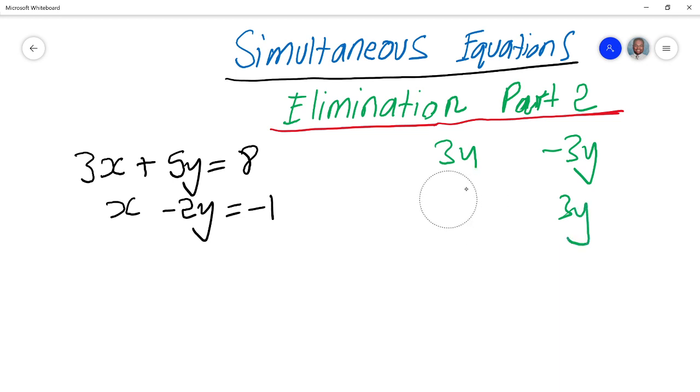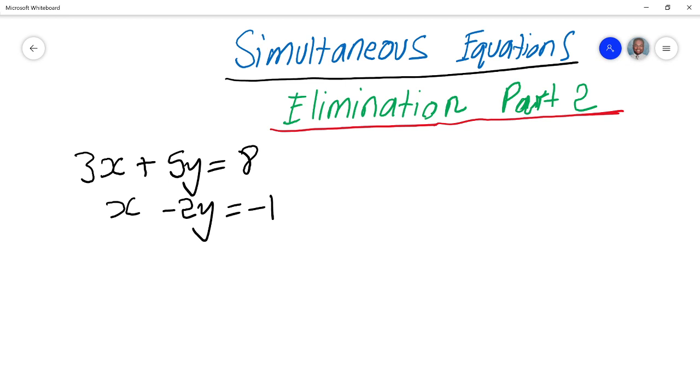However, in this question, you don't have similar numbers. So what we need to do is multiply one equation so that we get a similar number with the other equation, and then we can either subtract or add.